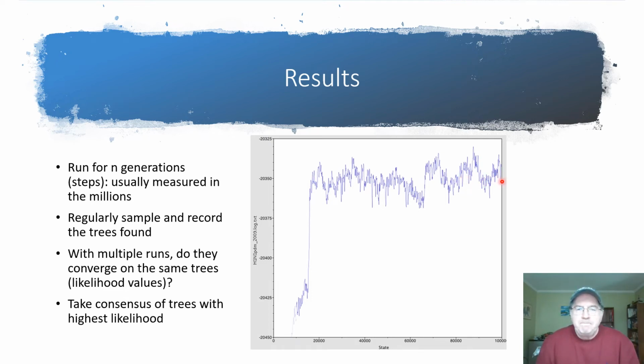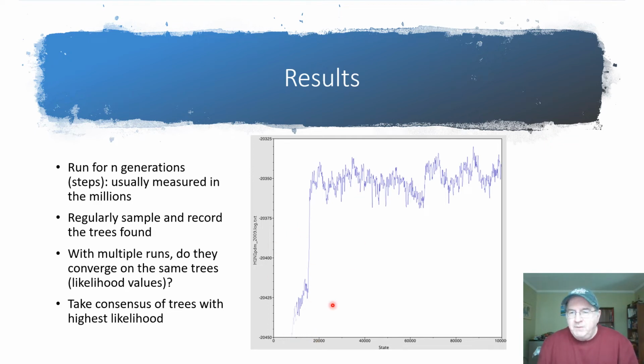I'll also notice that here's where you start. And so once you start, you're not anywhere near your optimum yet. And so these values are low to begin with. People generally just ignore this part of the graph and just look at here where you have reached convergence, where you've plateaued out.